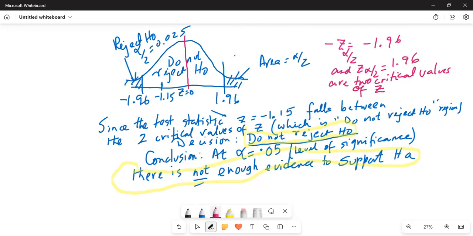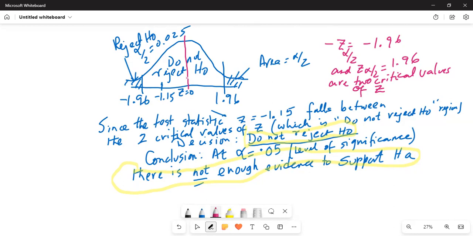Because on the left of negative 1.96 lies reject H0 and to the right of it lies do not reject. The critical value divides the standard normal curve into two parts, reject H0 and do not reject H0. Our test statistic of minus 1.15 is between the two critical values, hence we do not reject H0, and our conclusion is there is not enough evidence to support HA.